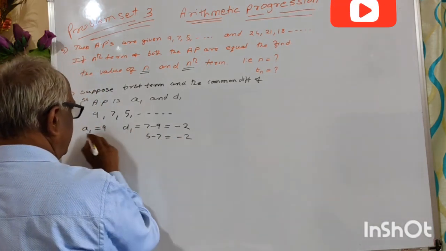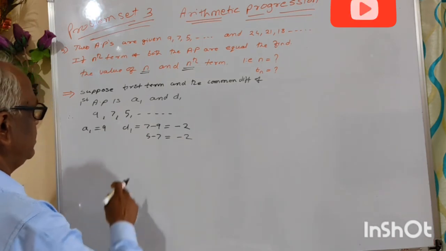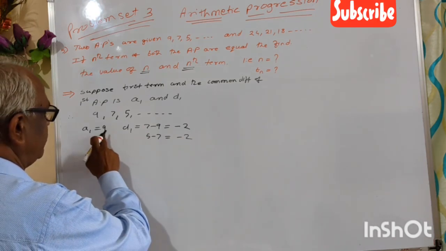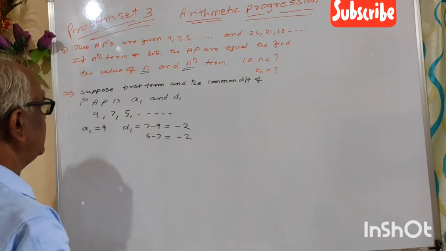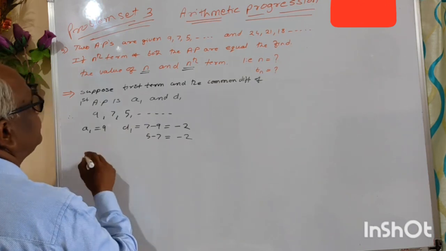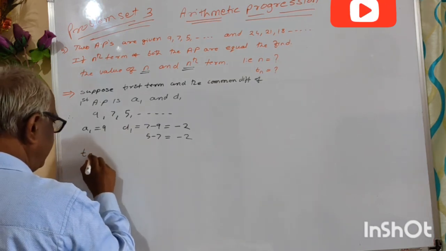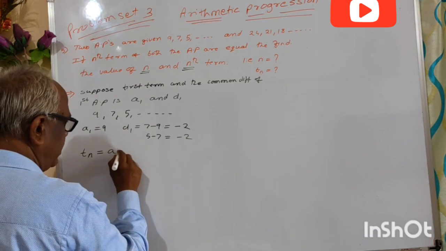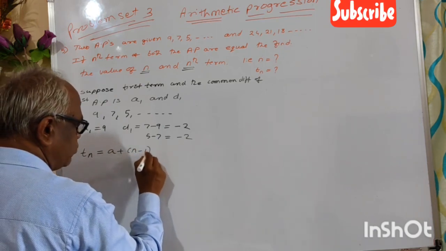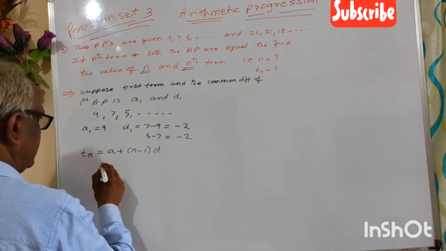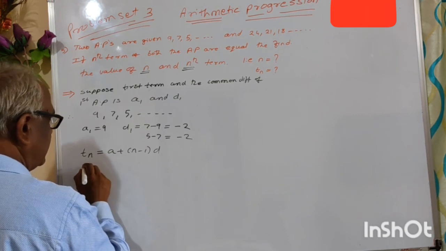So A1 is 9 and D1 is minus 2. Then the Tn formula we know, Tn is equal to A plus in bracket n minus 1 into D. Now here I will write it in this way.